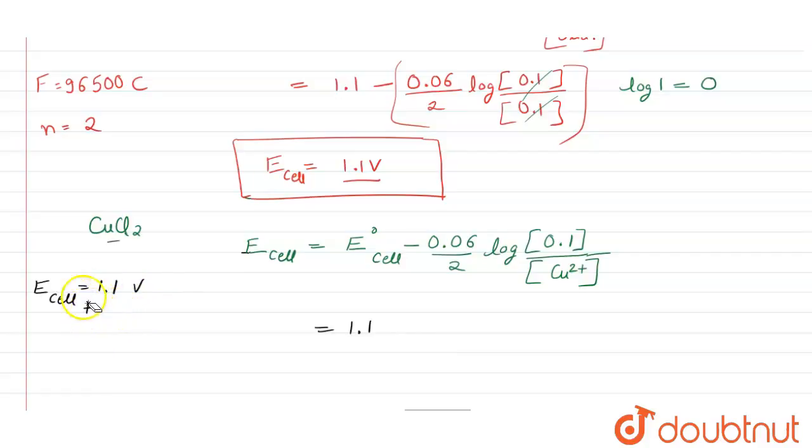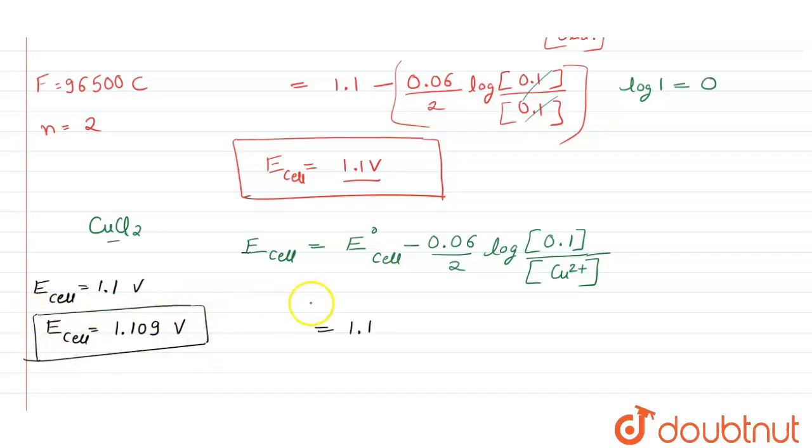So the total EMF of the cell got changed, that is, the new EMF became 1.109 volt. Okay, so this is the new EMF of the cell which we got because there was an addition of the 9 millivolt.